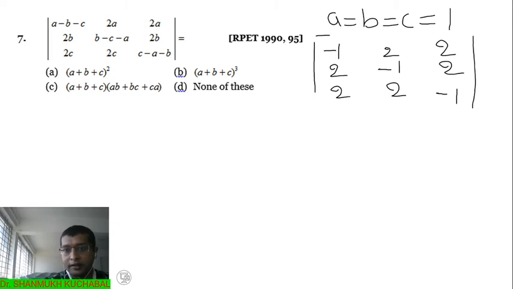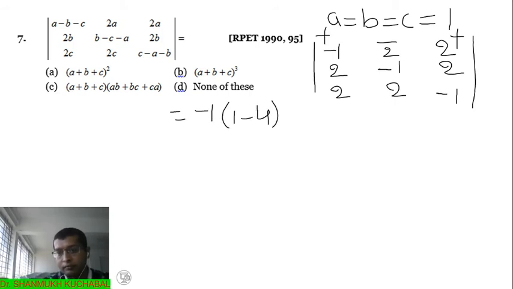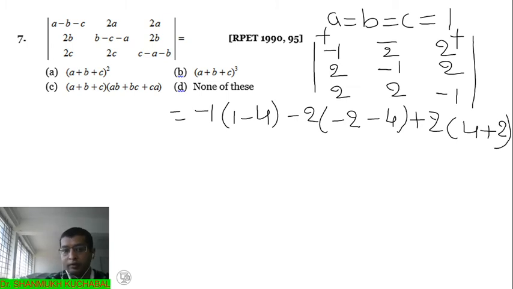We expand this, plus minus plus, so with this minus 1, 1 minus 4, minus 2, minus 2, minus 4, right? So plus 2 outside, we get a 2 to, so 4 plus 2 here. Okay, so we get this as plus 3, right?